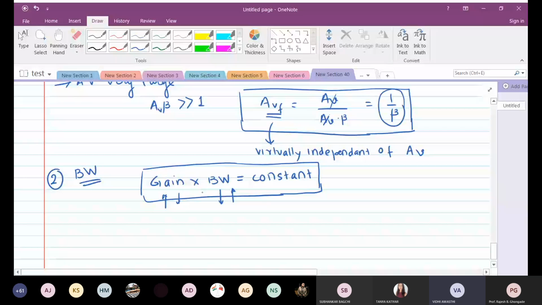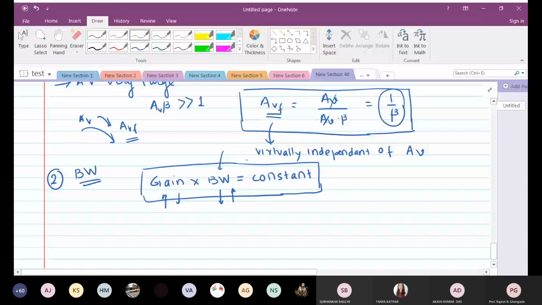So in feedback, what we are doing, the open loop gain AV gets reduced to AVF. So if gain reduces, what will happen to bandwidth? Bandwidth will increase. Bandwidth will be more. This is always going to be the situation.